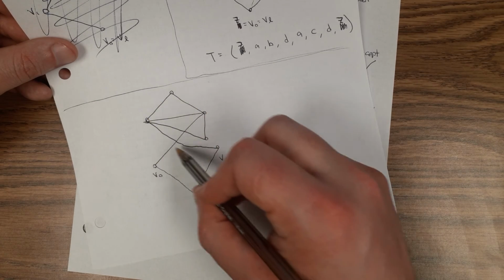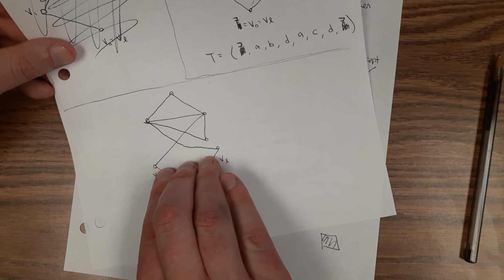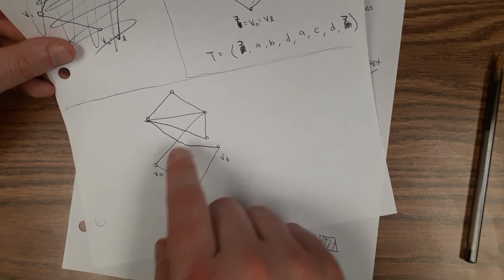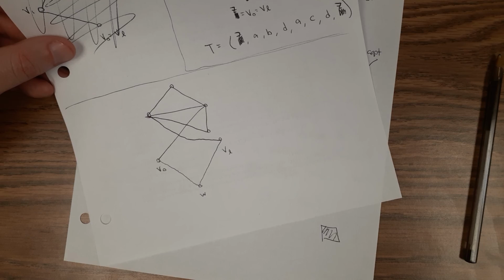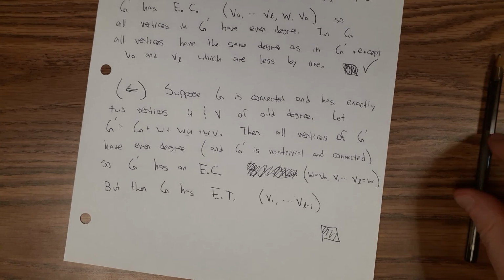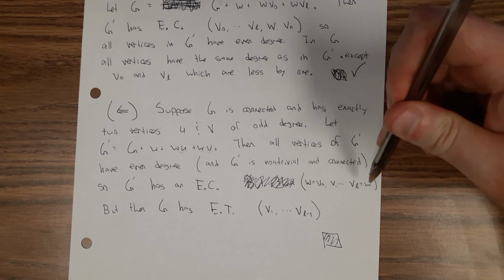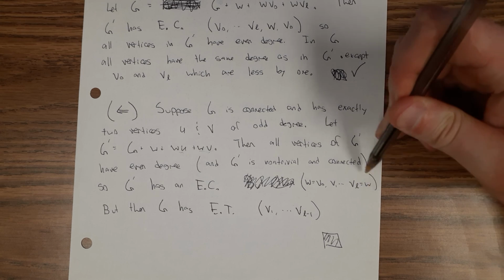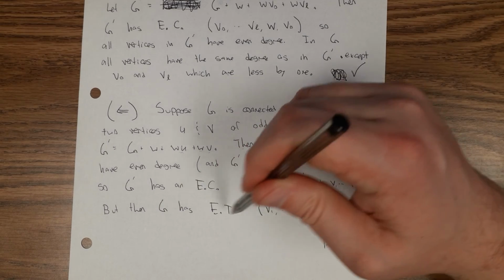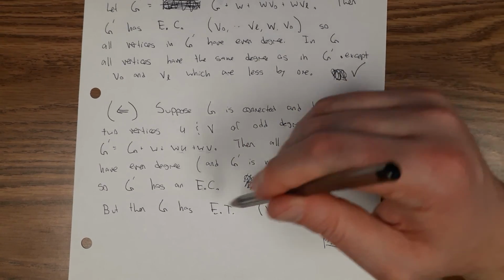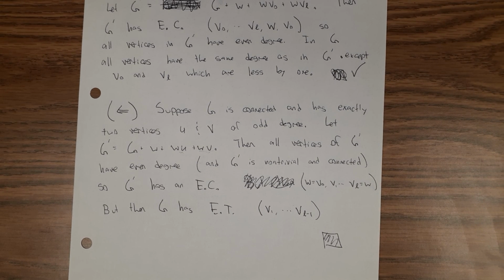But it goes around until it reaches the other one, and then it goes back to W. But if I just skip the very beginning and the very end, what I have is an Eulerian trail that starts at one of these and ends at the other one. So I just take this, but I remove the beginning vertex and the end vertex, because that's W. And what I have left is an Eulerian trail of the original graph G. So that's the proof.